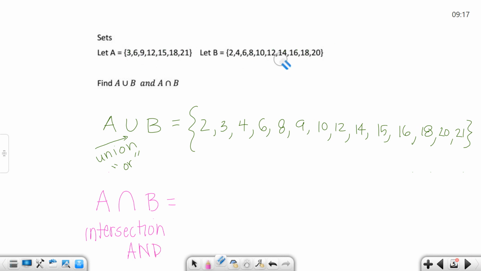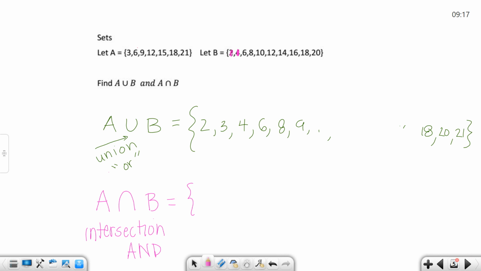So this time we only want what's in A and B at the same time. So for example, 2 is only in B, so we wouldn't take that one. 4 is only in B, so we wouldn't take that one. So you're only looking at what they both have.